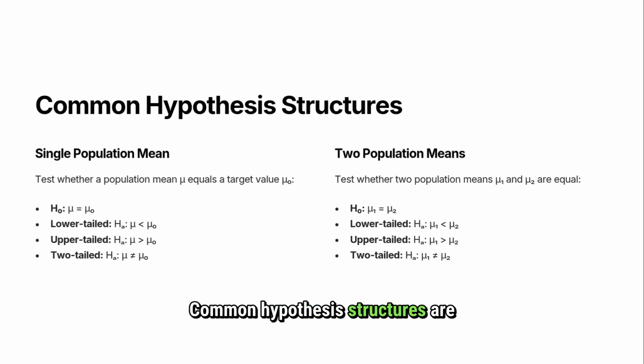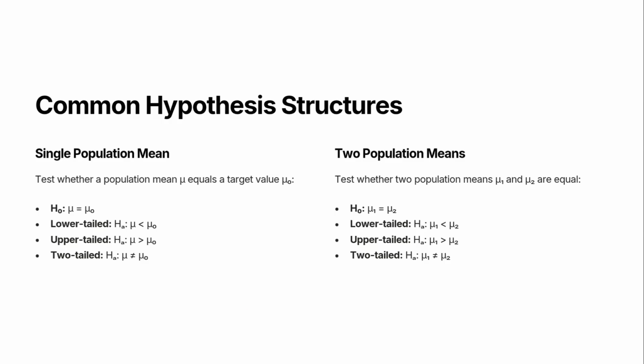Common hypothesis structures are used to determine whether differences observed in data are statistically significant or simply the result of random variation. The single population mean test is applied when evaluating whether a process average is equal to, lower than, or higher than a specific target value. For example, it can be used to verify whether the average cycle time meets a customer or business requirement.